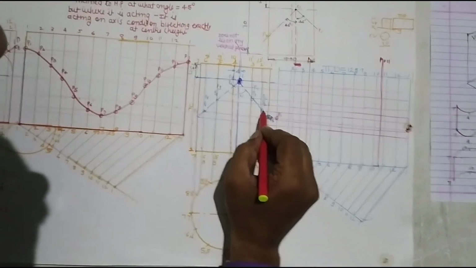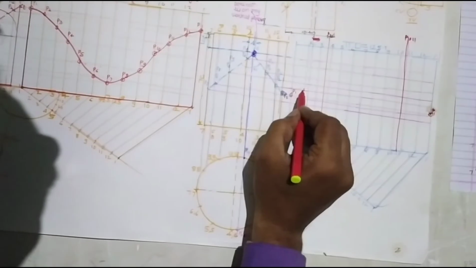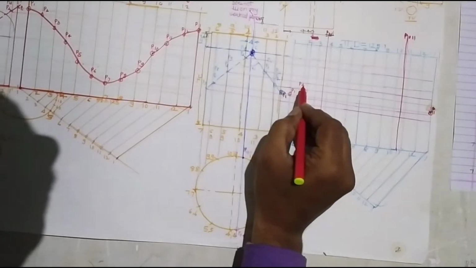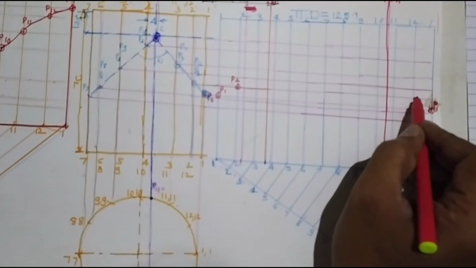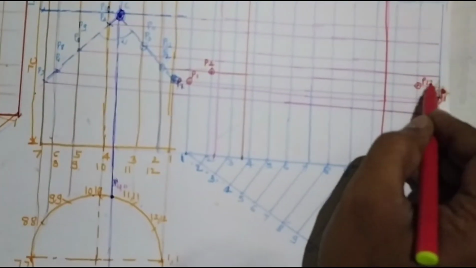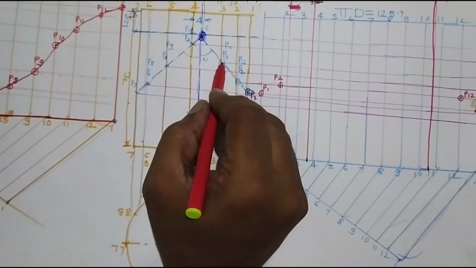Now this is P2 and P12. This is your generator P2. Take the same line, this is your generator P12. This is P3 and P11.